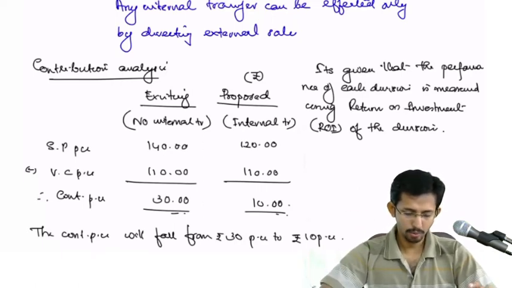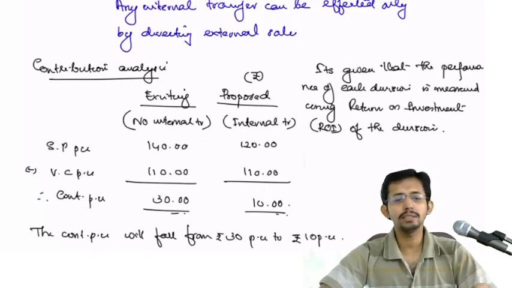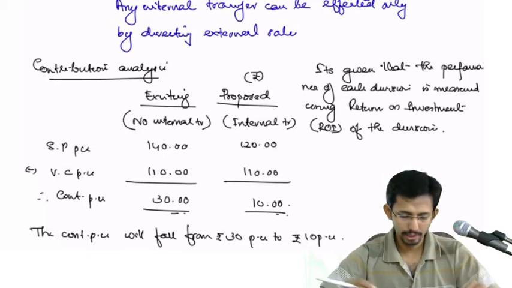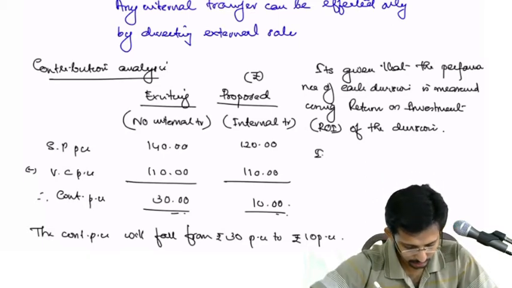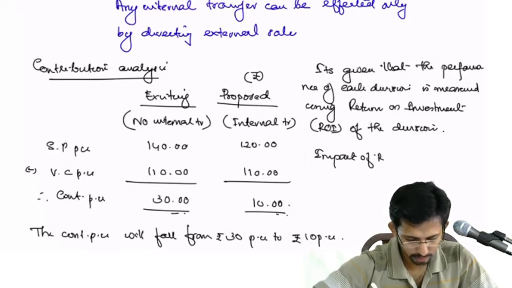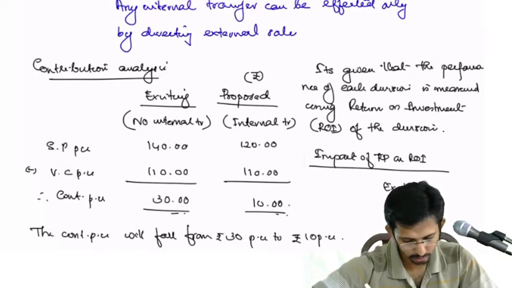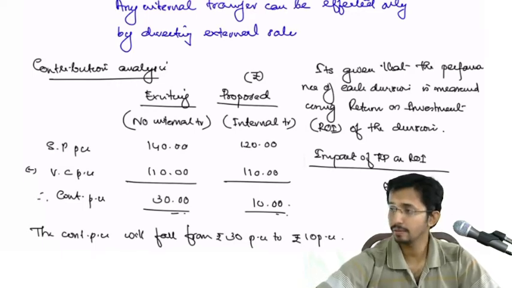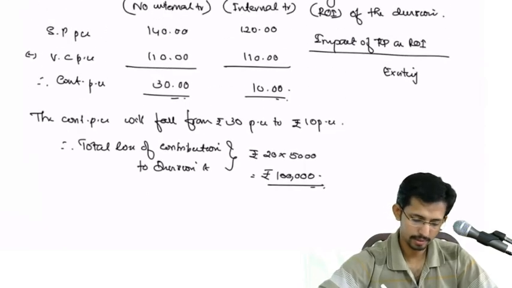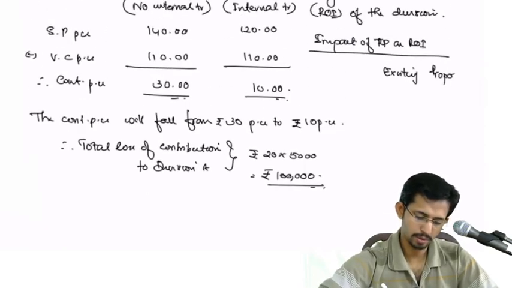Okay, now you have to find out the impact of this transfer price on the return, the ROI. So impact of TP on ROI. Okay, so you have to compute existing and proposed.